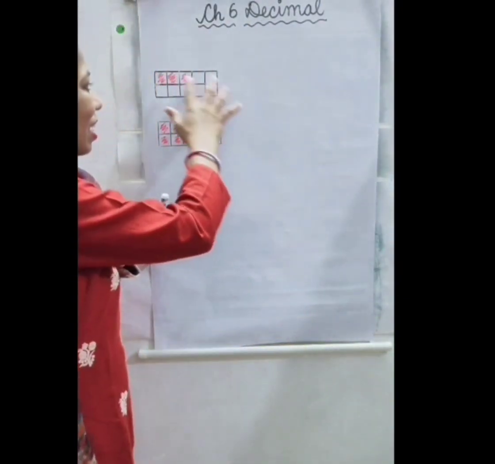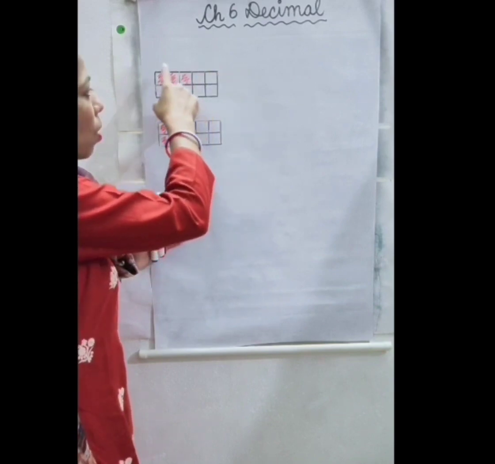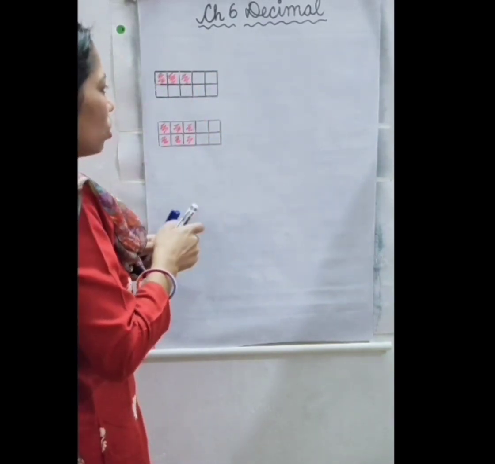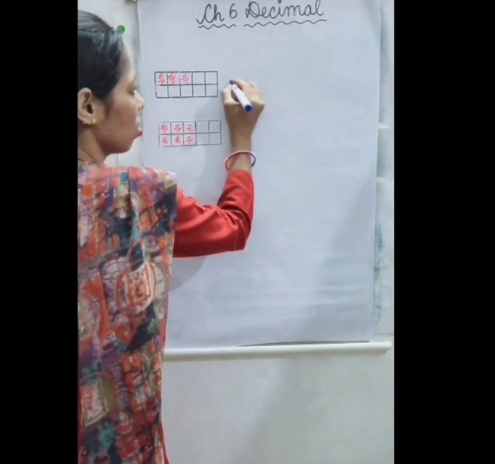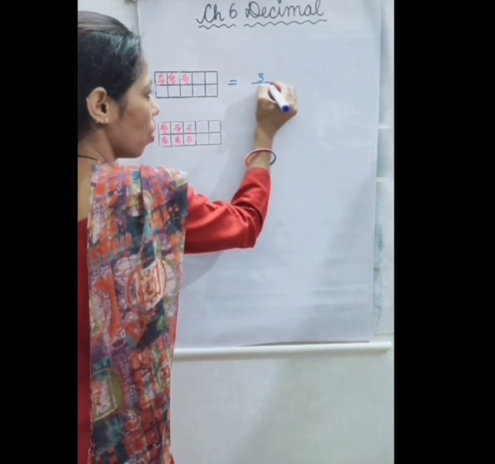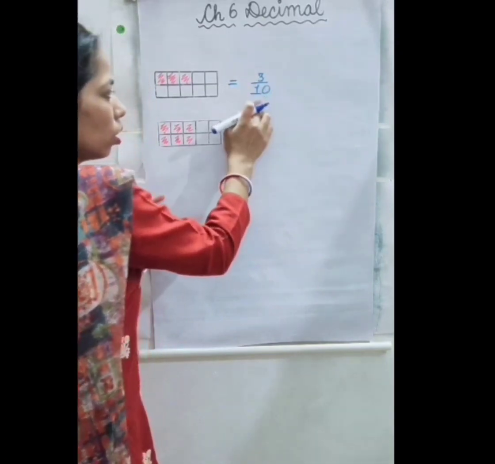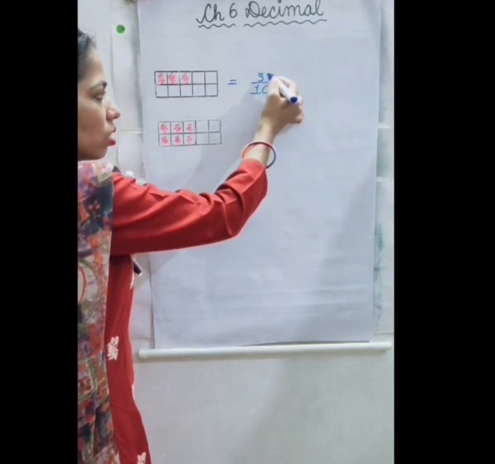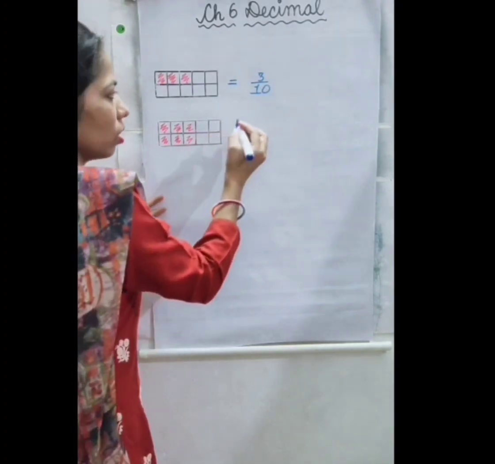As you can see here, 3 parts out of 10 parts are shaded. So we can write this as 3 by 10. Total parts we write in the denominator and the number of shaded parts we write in the numerator.